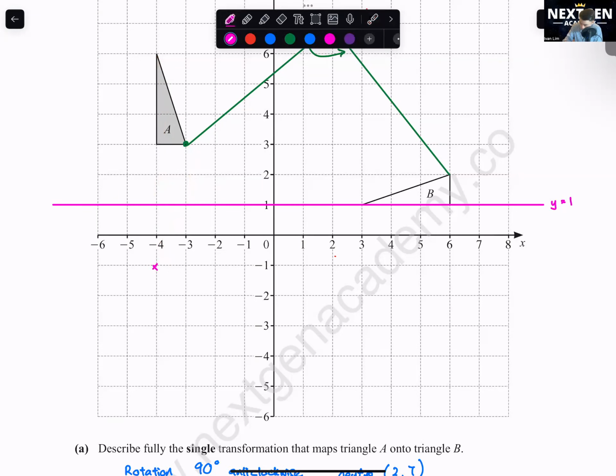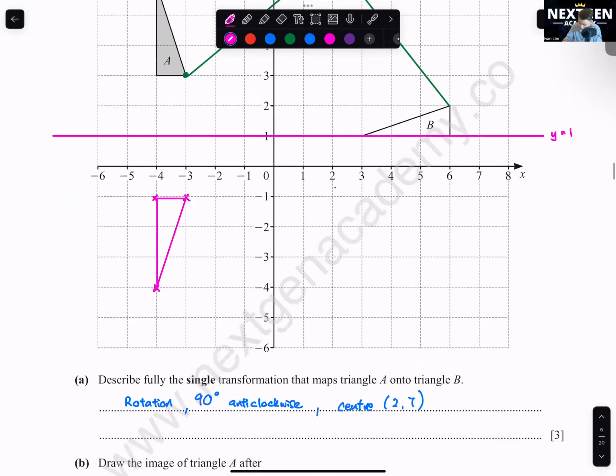This one 1, 2, 1, 2. This point here, 1, 2, 3, 4, 5, 1, 2, 3, 4, 5. Like that. Like this. Okay, this is P1.